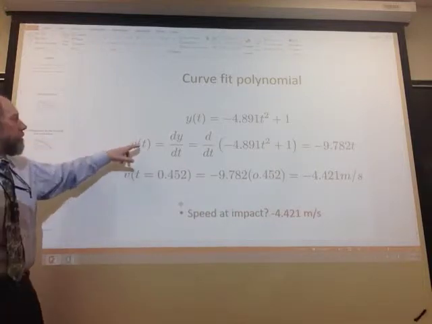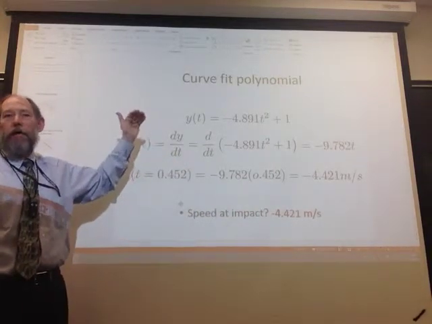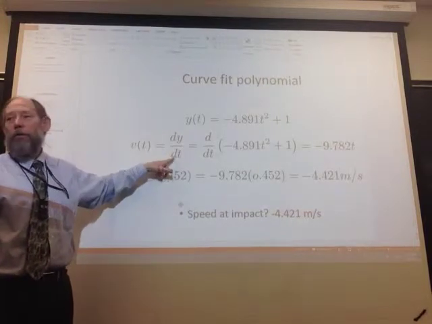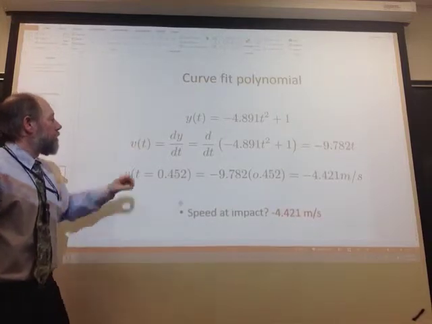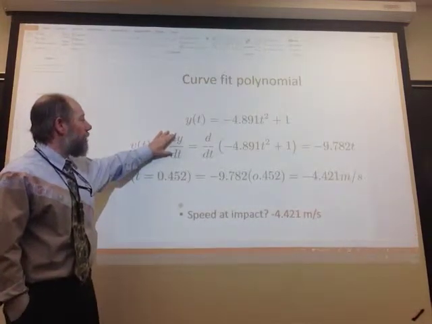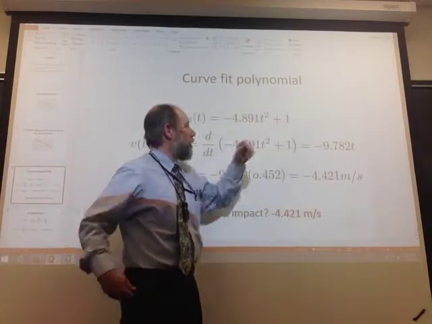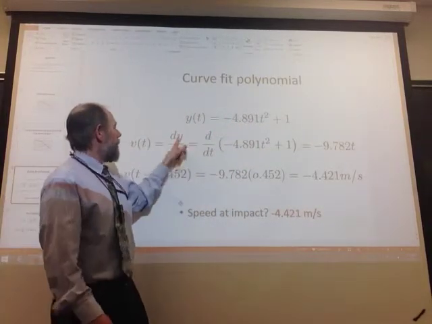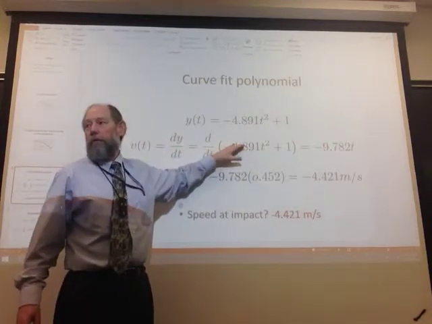So by definition, the slope of the yt curve at any point is the change in y with respect to time, which is the velocity. So the change in y with respect to time, this is y. Y is equal to minus 4.891 t squared plus 1. So we substitute that equation for y and take the derivative of this.